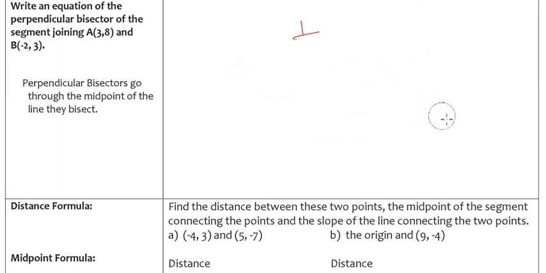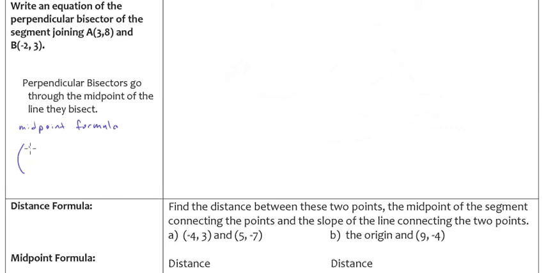So there's a few things we'll need to find to be able to solve this question. First, we need to be able to find out where the midpoint is. And there is a midpoint formula. That really is just breaking down to, well, what's the average of my x's and what's the average of my y's?